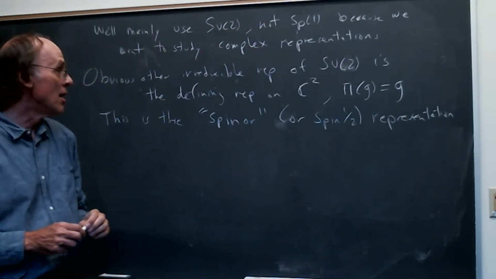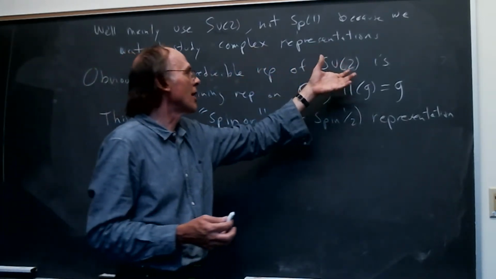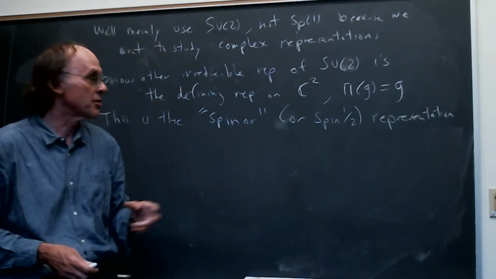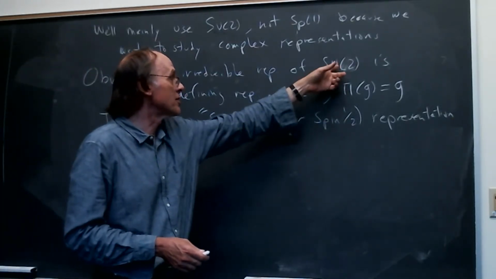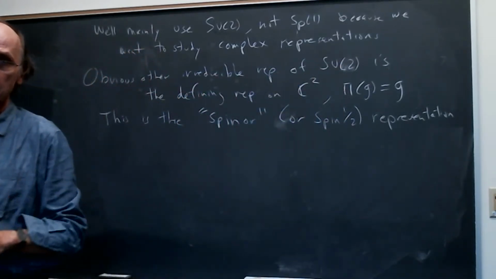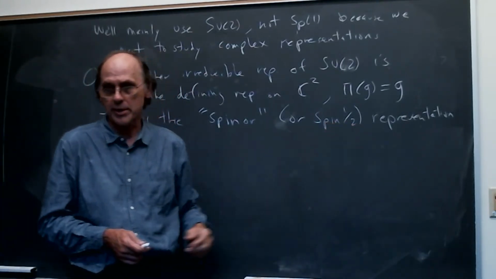Okay. So from this point of view, if you realize that instead of thinking about SO3, you should think about its double cover, SU2, then you automatically see that the double cover has an interesting new irreducible representation.